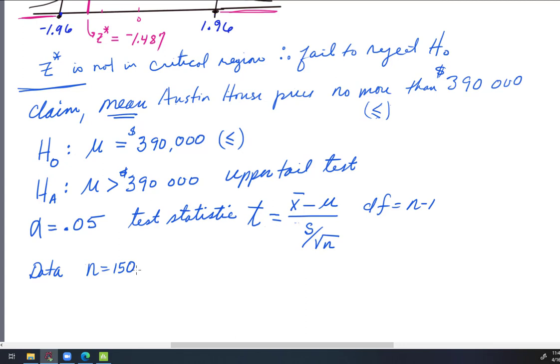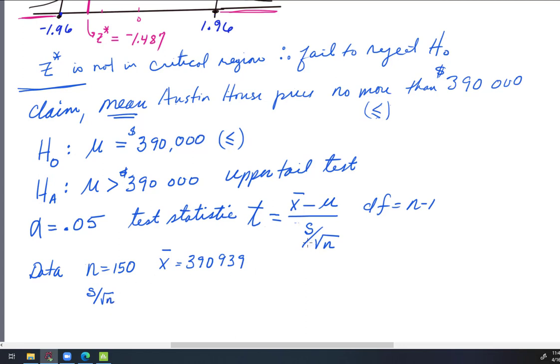So what we've got for data is 150 selling prices, and from the 150 selling prices we compute x bar, which in this case was $390,939. And then we further calculate S over the square root of n.